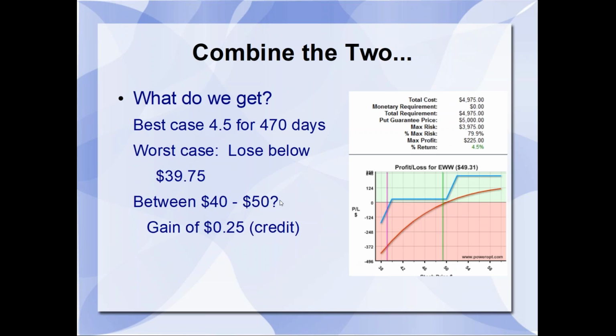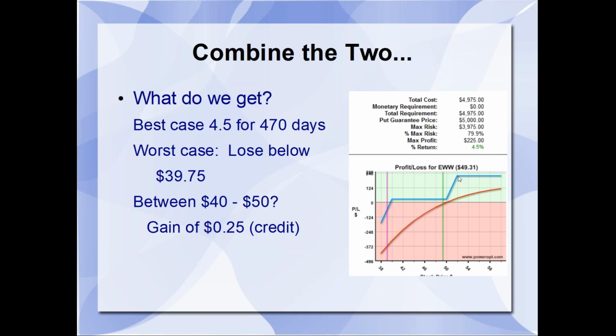Combining the two together, what do we get? Well, we get sort of a plateau hockey stick graph, if you're trying to draw a plateau in Geology 101, or a step formation, I guess you'd say. You kind of get this structure. We have a maximum return if assigned, 470 days away, of 4.5%.